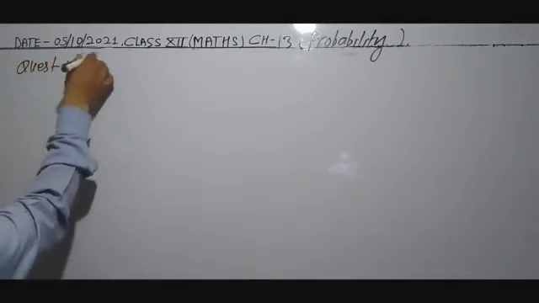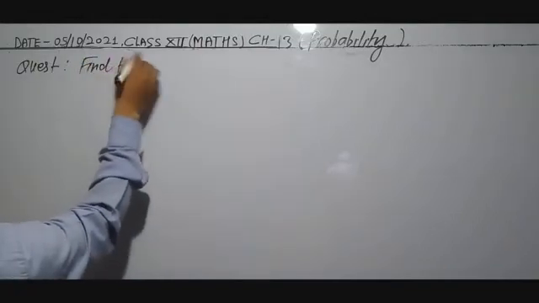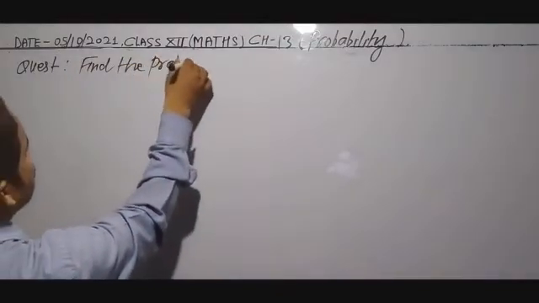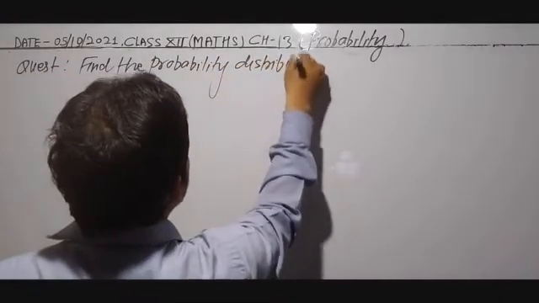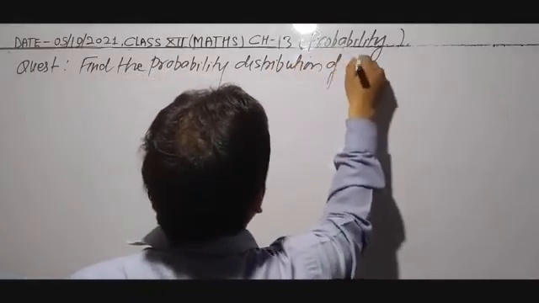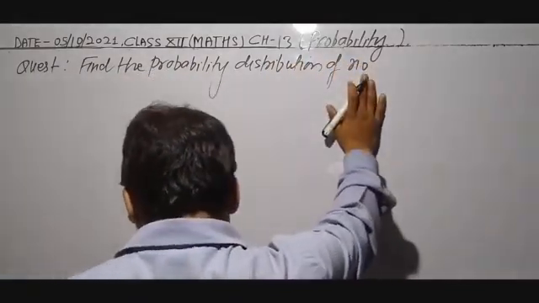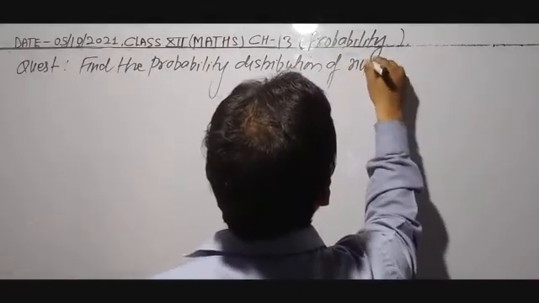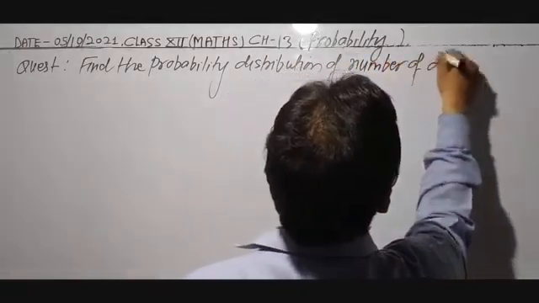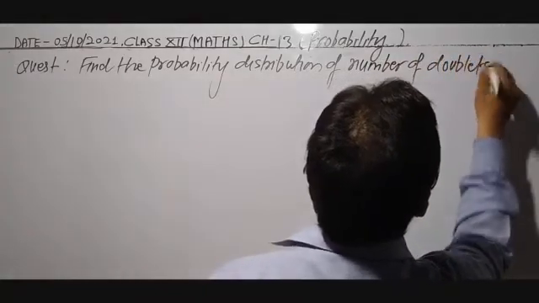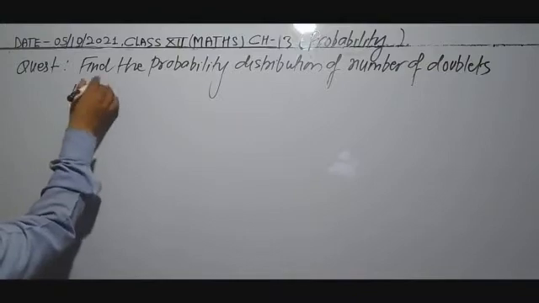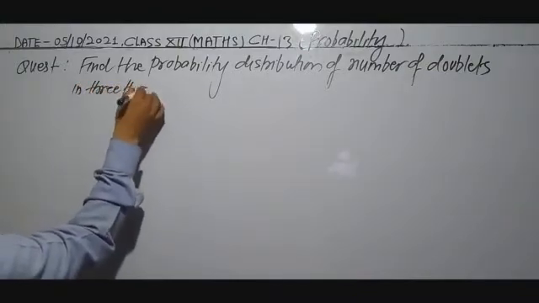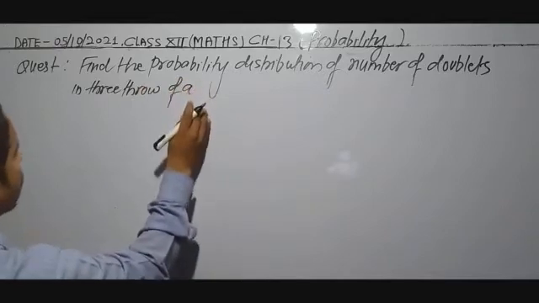find the probability distribution of the number of doublets in 3 throws of a pair of dice.